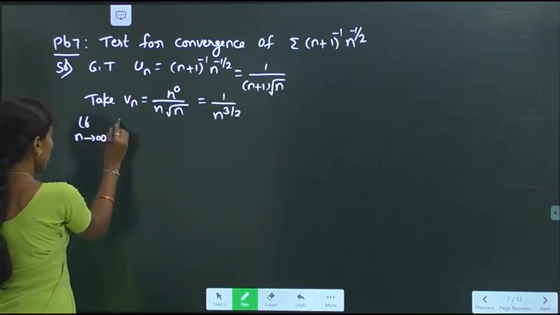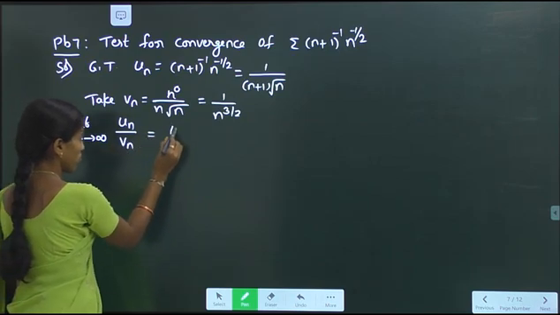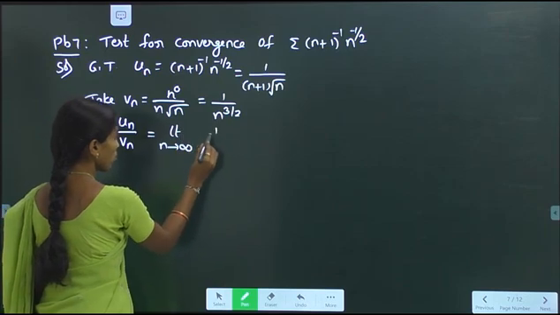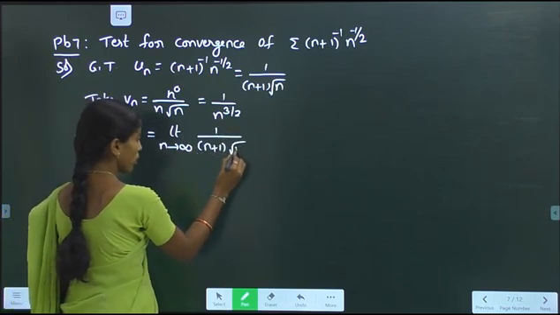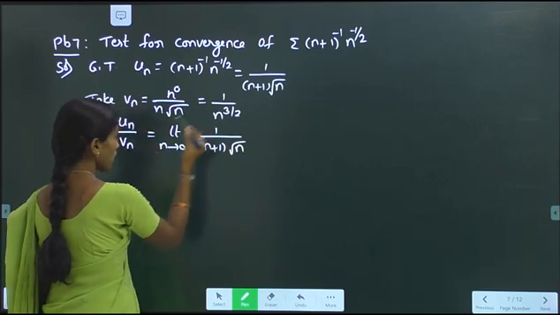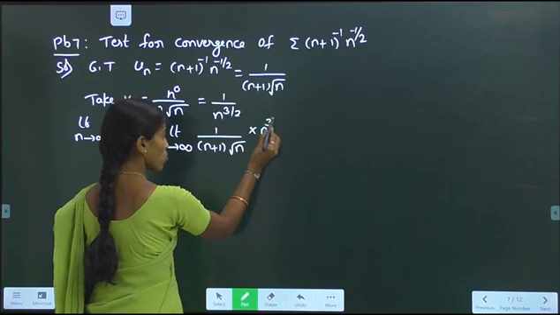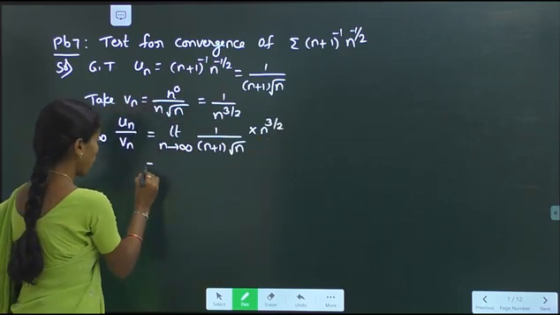Right? So consider limit n tends to infinity un by vn. Limit n tends to infinity un is n plus 1 into root n, 1 by vn means 1 by n power 3 by 2, it goes to numerator into n power 3 by 2.